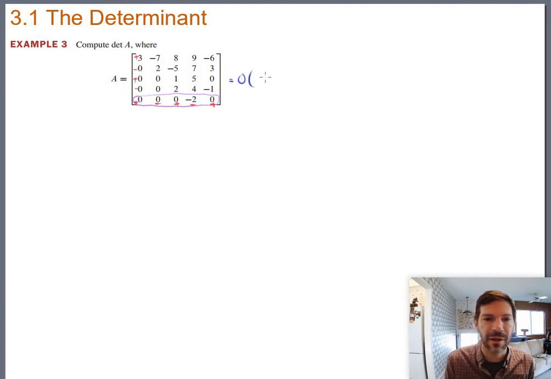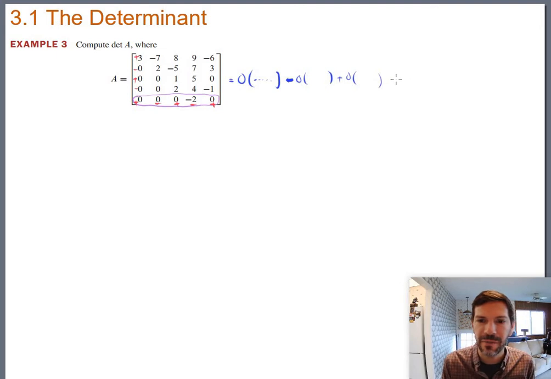would be 0 times, and I'd cross out the first column and the last row, but it's 0 times anything, right? So who cares? 0 times anything is going to be 0. So I'm not even going to write out all the 0 terms. Well, maybe I will pseudo write them out. So you'd get a minus 0 times some stuff, plus 0 times some stuff.